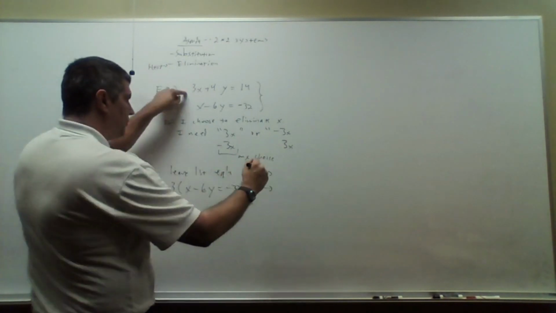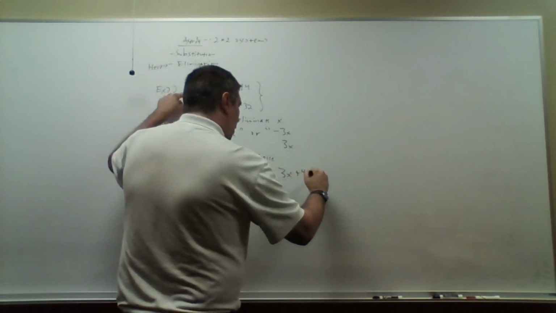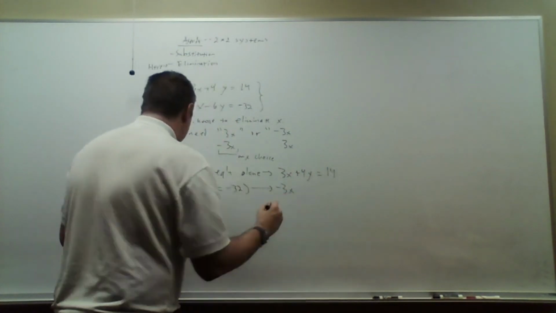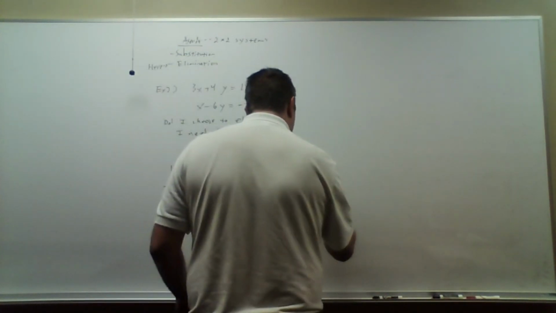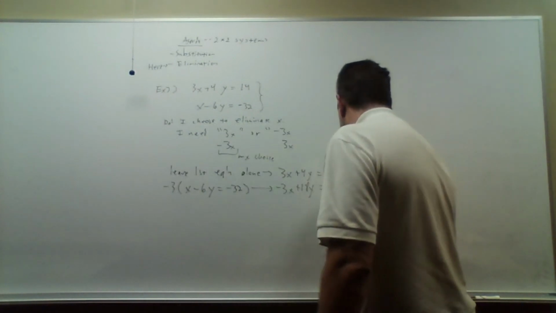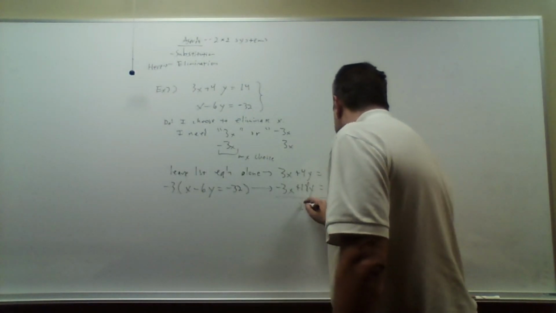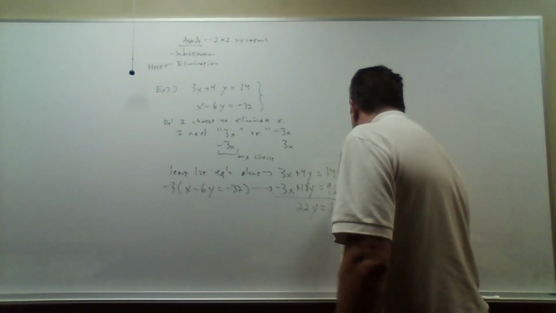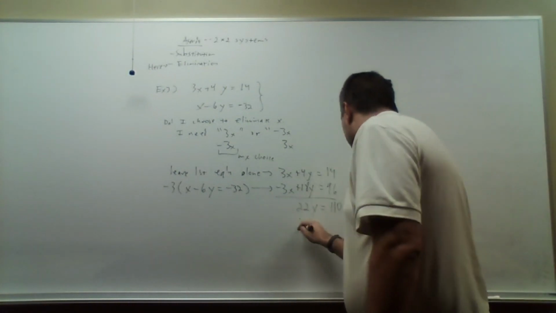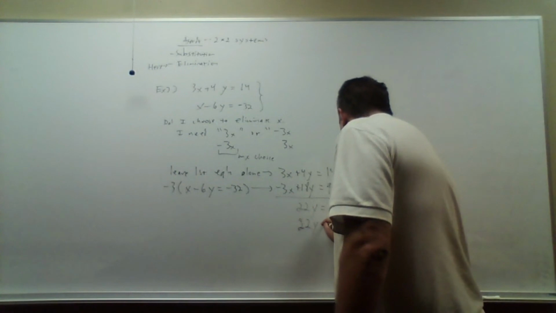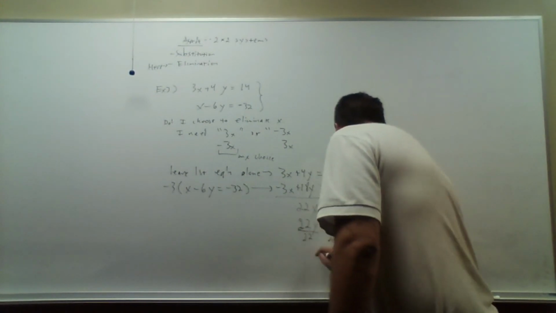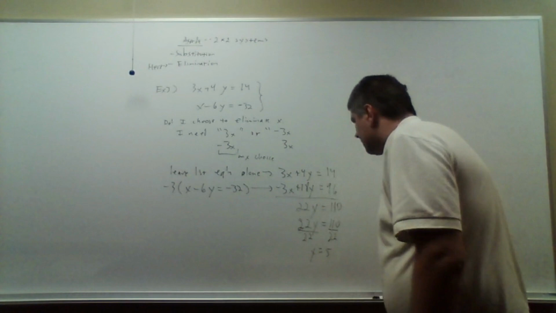So this is going to be 3x plus 4y equals 14. This is going to be negative 3x plus 18y equals positive 96. So 22y equals 110. Divide out the 22, and y equals 5.